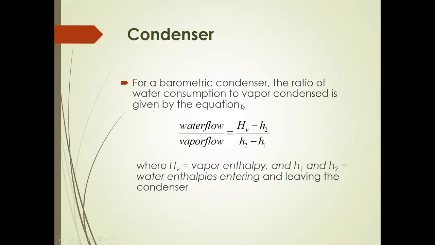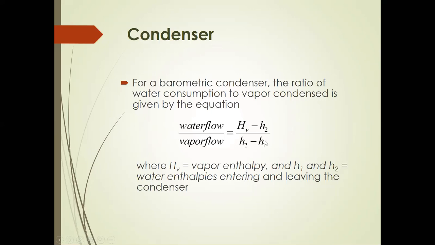Now, most of the evaporator problems ask for the amount of water that is to be supplied by the condenser so that it is able to condense the vapor, and it is determined by this equation. This is used for a barometric condenser. In here, you are determining the water flow ratio against the vapor flow ratio based on the enthalpies of the streams present in your condenser. So Hv is the vapor enthalpy, which you can get from the steam tables, and H1 and H2 are the water enthalpies of your cooling water.